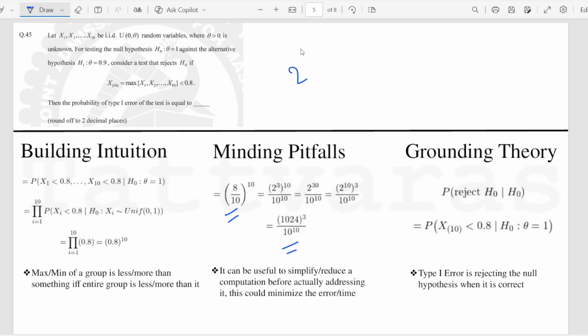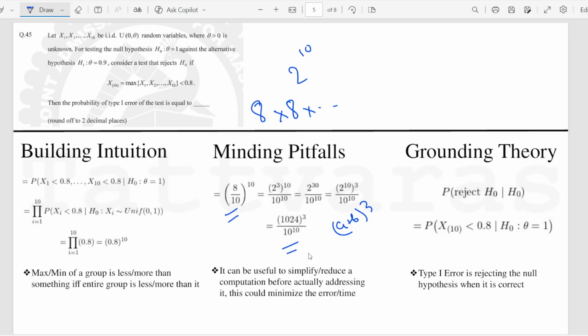It's recommended to know the powers of 2 up till 2 to the power 10. So you can transform this situation instead of 10 multiplications of 8 into 3 multiplications of 1024. And if you know the (a + b) whole cube formula, you can be even faster about this.